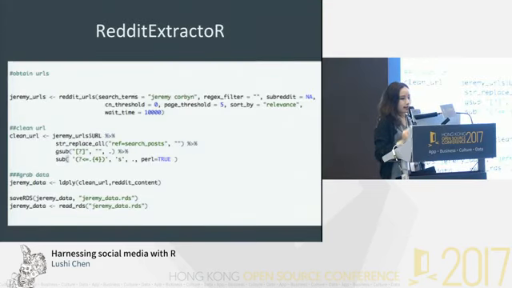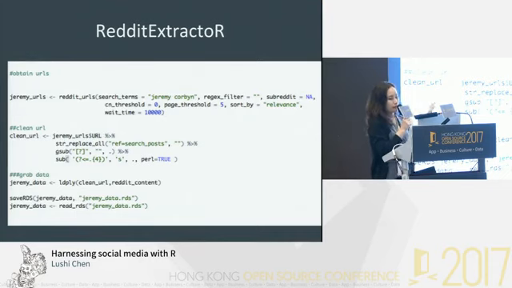Okay, so let's take a look at how to extract Reddit data with R. So there are a lot of R packages to analyze data. Now this package is called RedditExtractor.